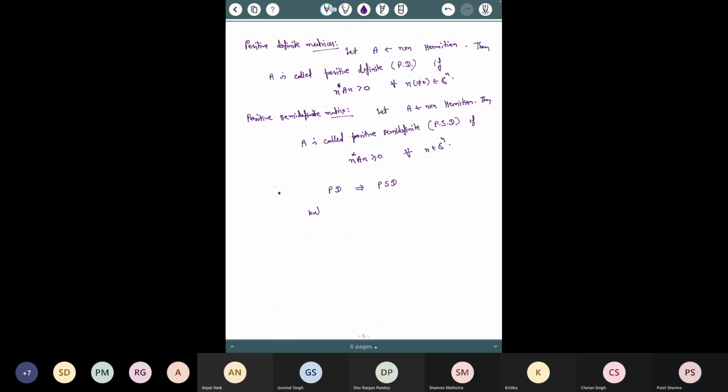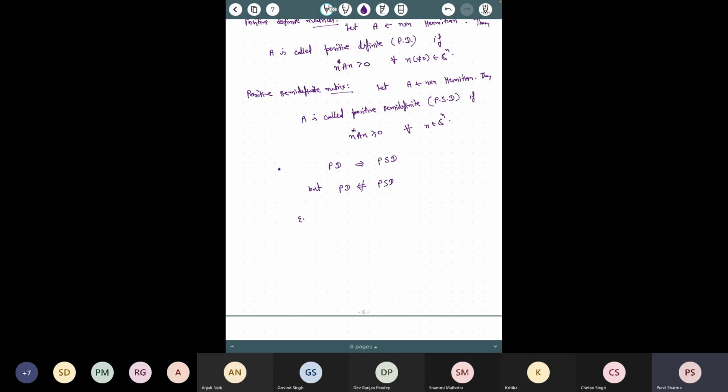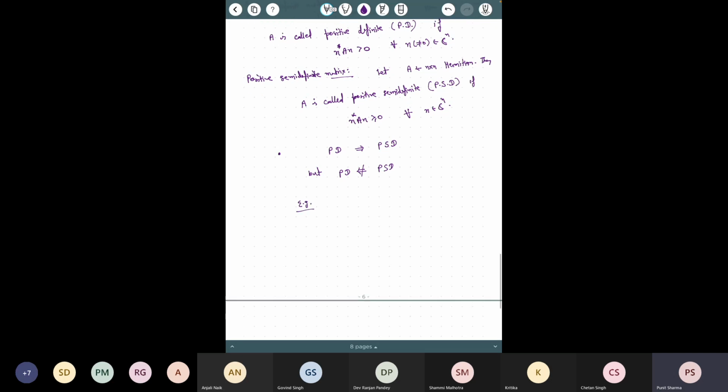But can you say the converse is also true? What is your answer here? At least by definition, you cannot say this in general: PSD need not imply PD, that means positive definite. And why is it? You can construct an example.